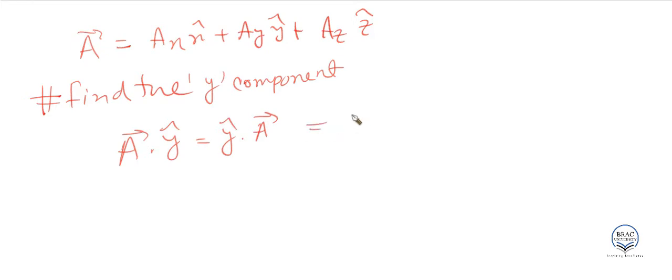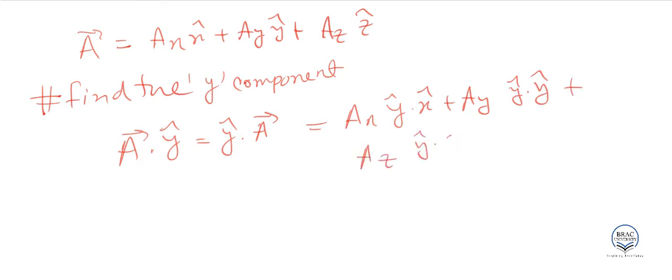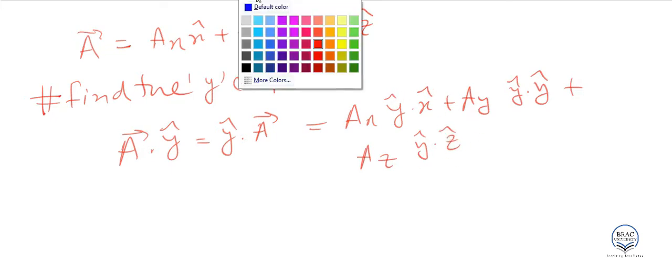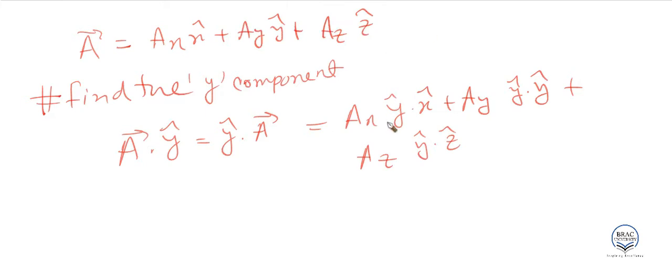If you do that, what you have is ax y hat dot x hat, plus ay y hat dot y hat, and finally az y hat dot z hat. Because of the orthogonality, or orthonormality condition, these terms get cancelled out and this becomes just 1. So the resulting thing is just ay.